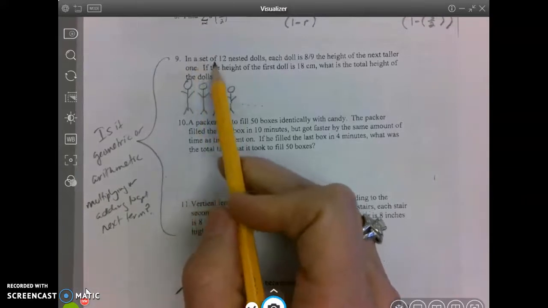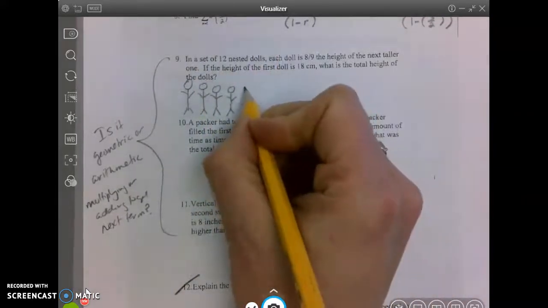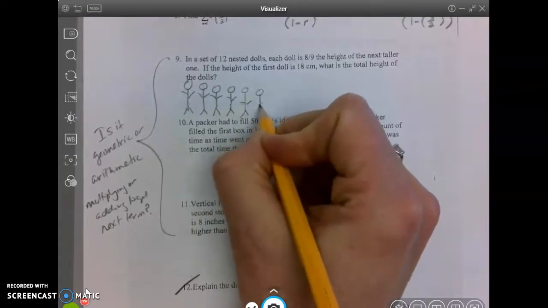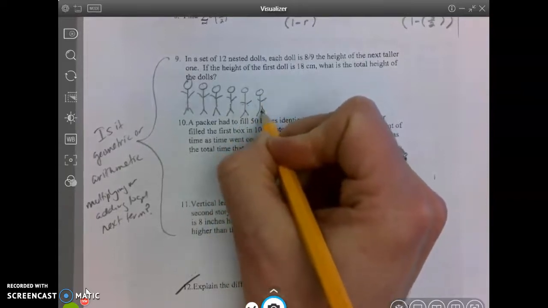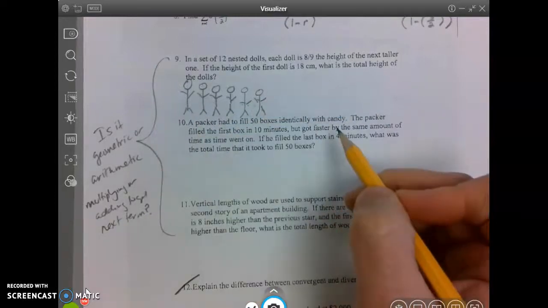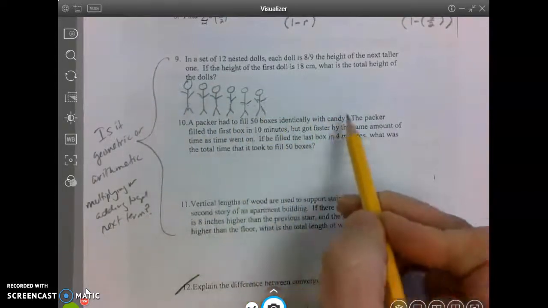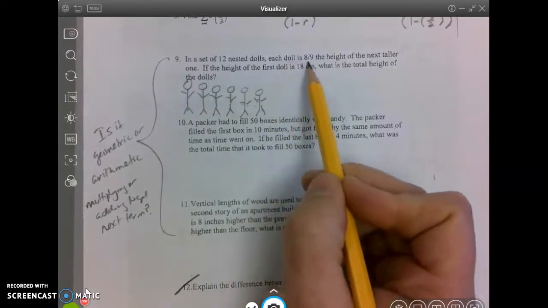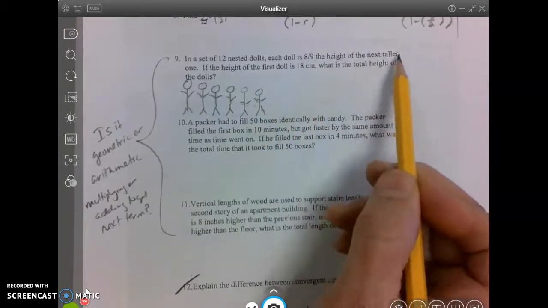So in a set of 12 nested dolls, they would just keep going and getting smaller and smaller until you have 12 total dolls. And it says each doll is 8/9 the height of the next taller doll.